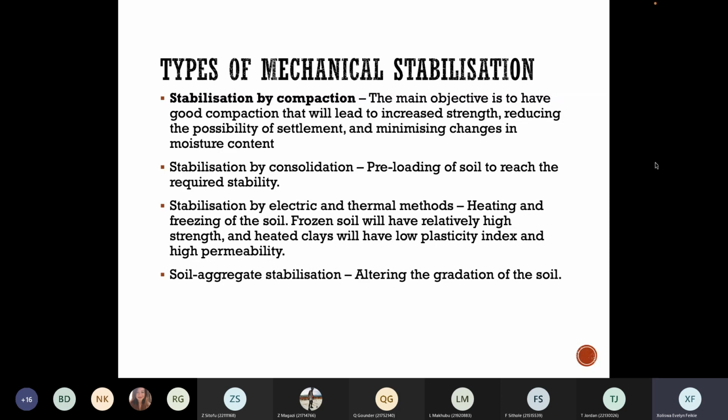That's what it is. Frozen soil will have relatively high strength, and heated clays will have low plasticity index and high permeability. So they manipulate the soil, because clay has a way of being cohesive. When we're doing tests in the lab, you'll see clay, when you add water to it, it will swell, right?